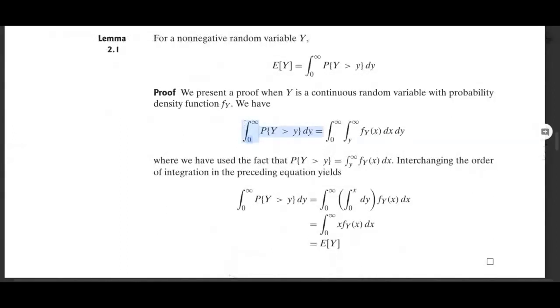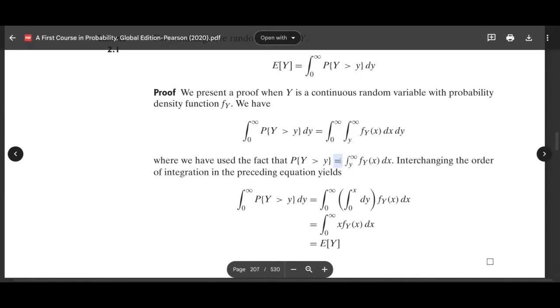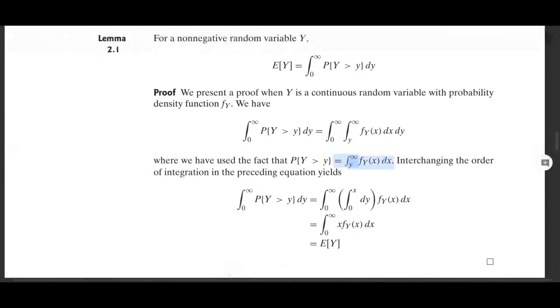The probability of Y greater than y is the integral from y up to positive infinity of f of Y of x dx. Right? So with this double integral, that's the probability of Y greater than y. Interchanging the order of integration.